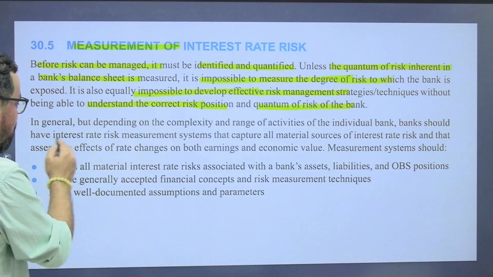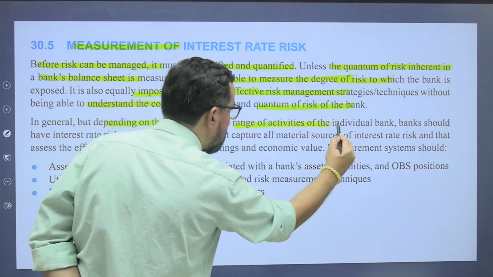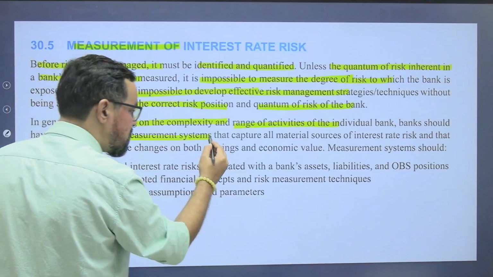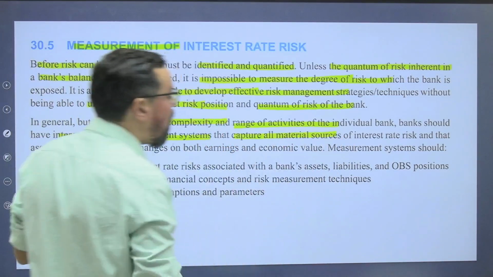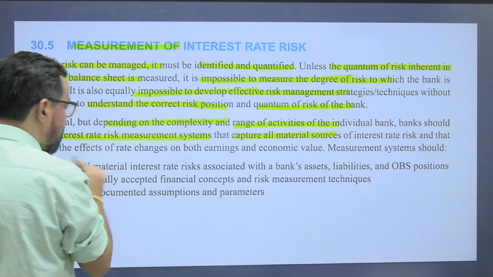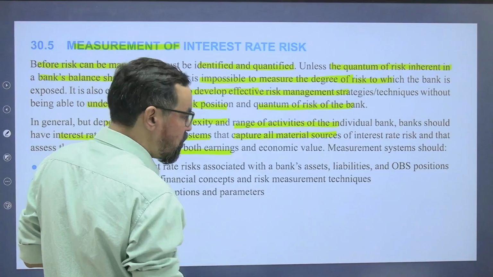So in general, depending on the complexity and range of activities, the individual bank should have an interest rate risk measurement system that captures all material sources of interest rate risk and assesses the effect of the changes on both earnings and economic value.